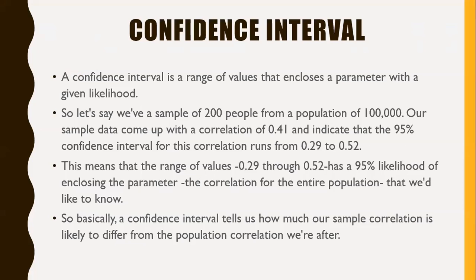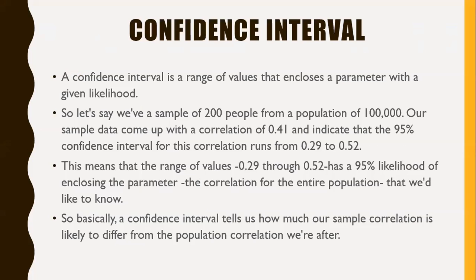This will be a very short lecture on confidence interval. A confidence interval is a range. In my previous lecture also I explained that a confidence interval is a range of values that encloses a parameter with a given likelihood. For example, there is an upper limit and a lower limit. So let's say we have a sample of 200 people from a population of 100,000.